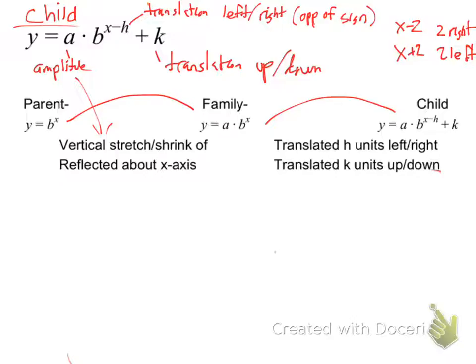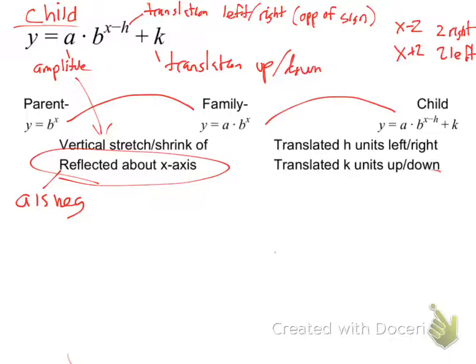But if it's negative, that's where we change: we say it's reflected about the x-axis. If you need to put a little note here, when A is negative, we state it's reflected about the x-axis, and we can kind of leave it at that.